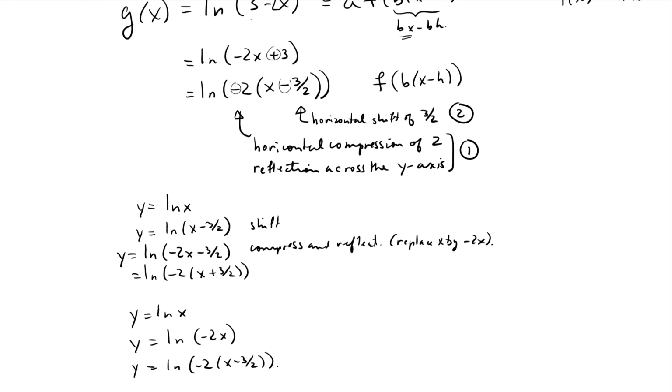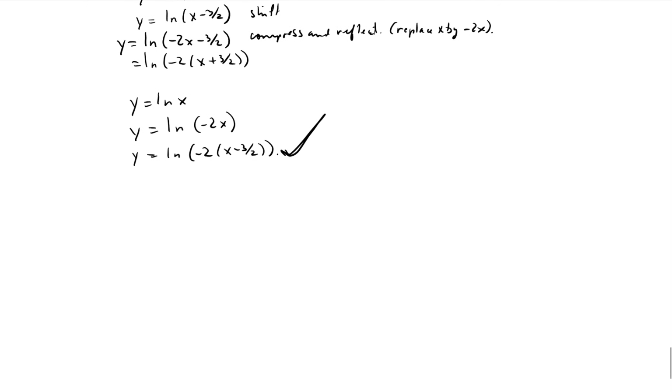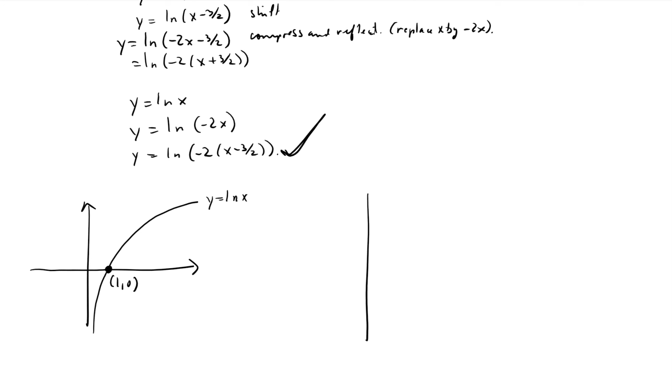So this part is correct. All right, so now I know what to do. I take my graph of ln of x, which goes through 1, 0. It's nice to have a point because you're going to keep track of it as you transform your function. So we are going to compress and reflect first.